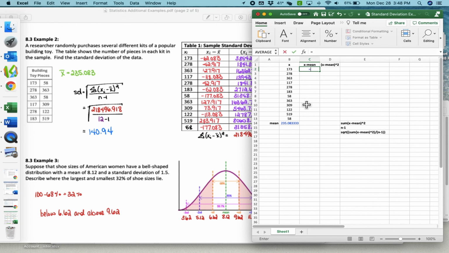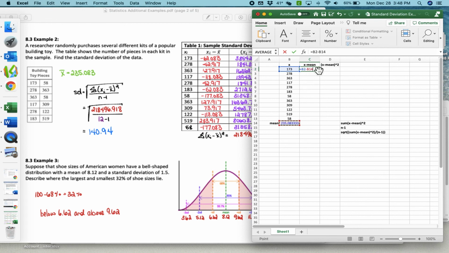So equals our data point minus the mean, which is right here, but we want that mean to hold. We want to keep that cell as we drag down.